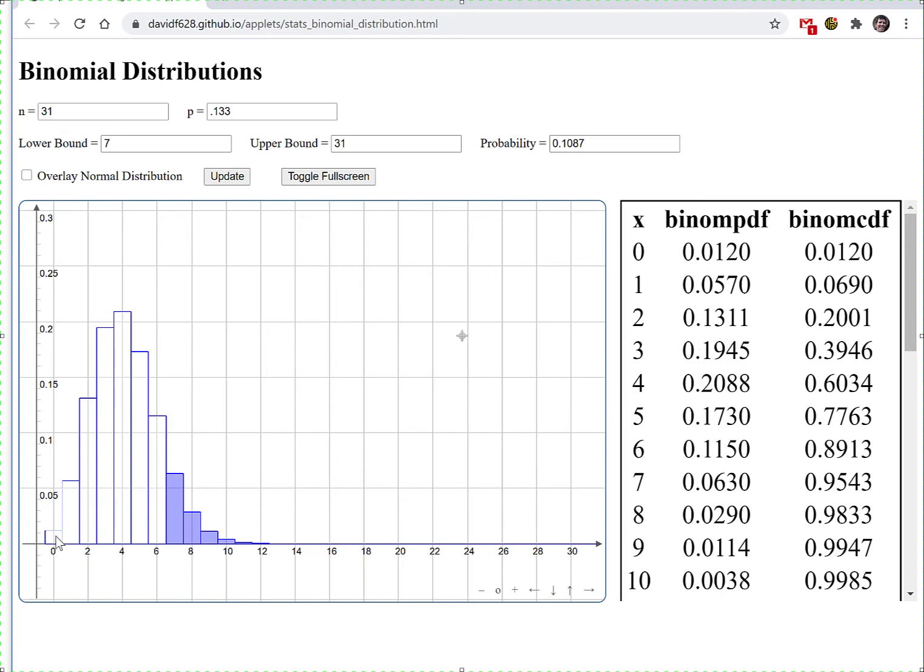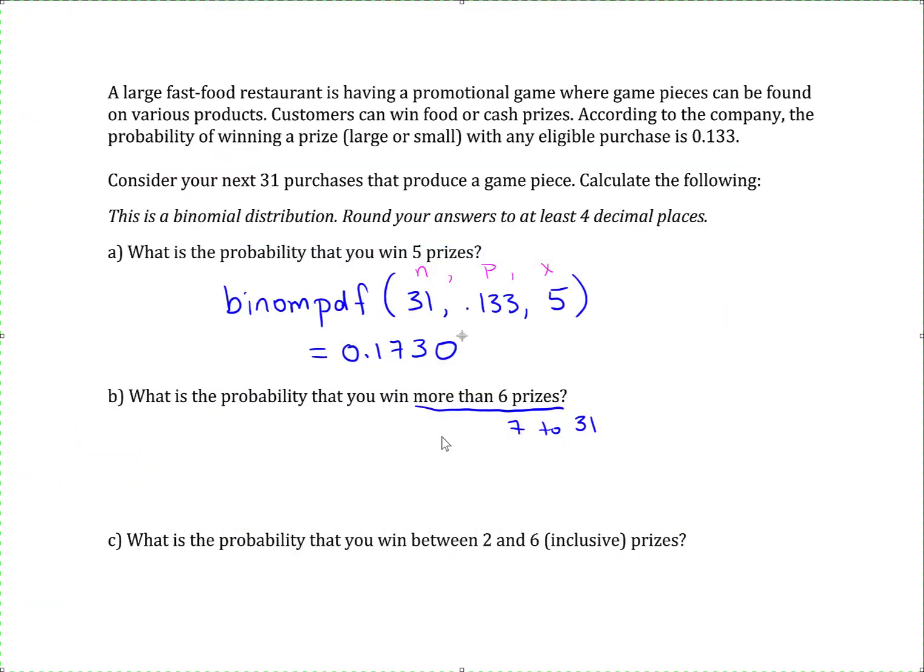So binomcdf is already adding those probabilities together for us. Which means if we get the sum of these white bars, which we can with binomcdf by giving an input of 6, and then take a complement, it would give us the sum of the remaining bars. That's the approach we're going to take. I will use binomcdf.